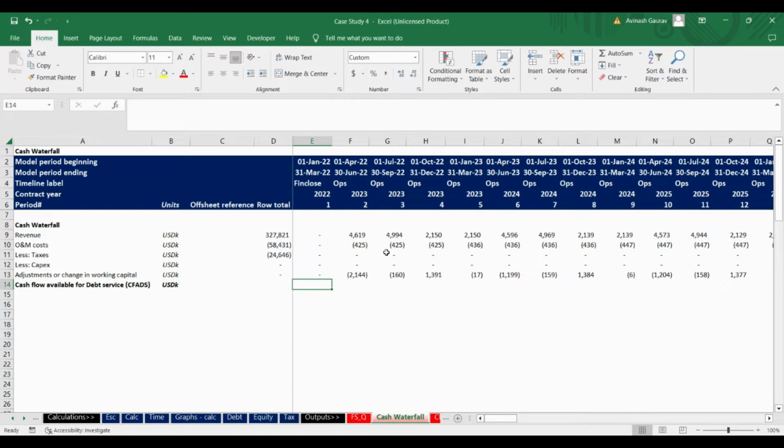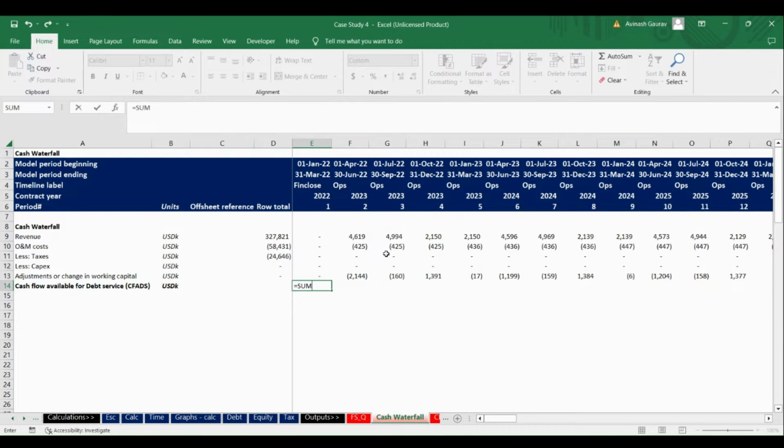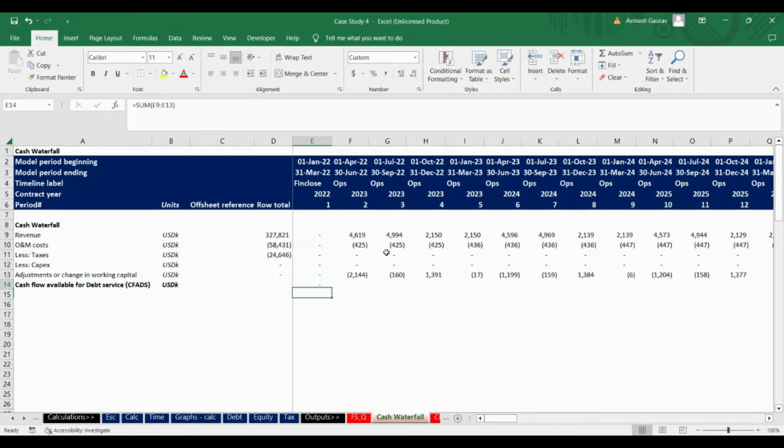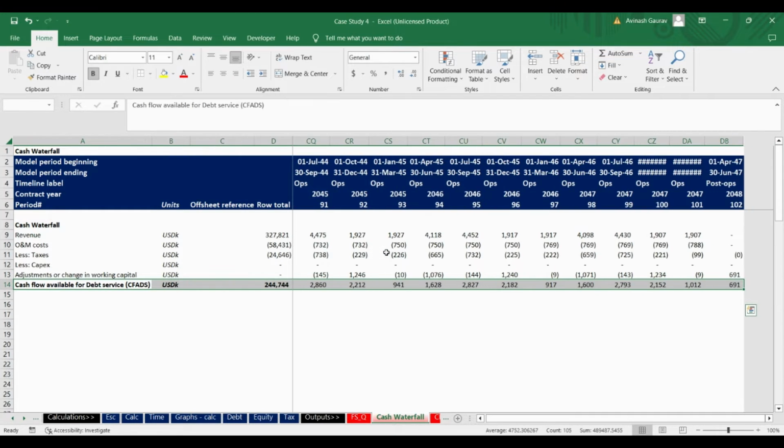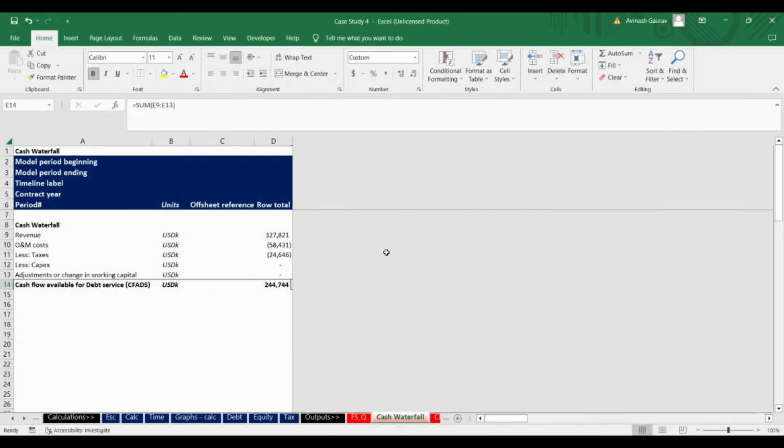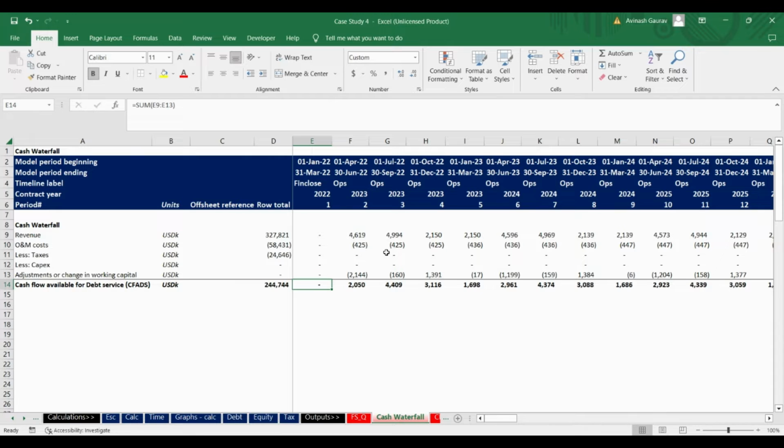This says that once you have paid for all your mandatory expenses, then whatever is left, that will be available for your debt service repayment, right? So we can say that cash flow available for debt service will be basically the summation of all these line items. Okay, guys. Okay, now we can make this bold, and we can give it an upper line. Okay, now this is your cash flow available for debt service.